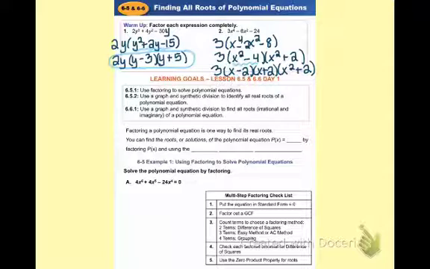Our learning goals for day 1 are to use factoring to solve polynomial equations. Secondly, to use a graph and synthetic division to identify all real roots of a polynomial equation. In fact, in the very last example of the last lesson, 6.4, we used a graph to locate at least one integer value, and then used synthetic division to break the polynomial down to a lower degree and then factor what remained.